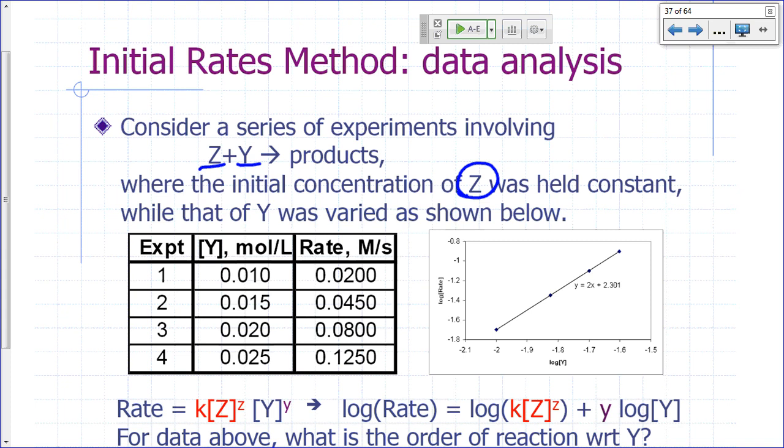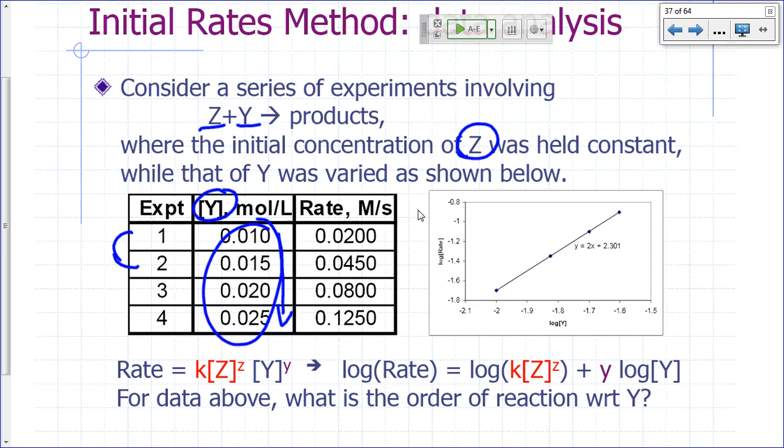So you just want to study how the reaction is affected by Y. So instead of just doing 2 experiments where you're changing the concentration of Y, you can run a series of experiments where you have different concentrations of Y. So 0.01, 0.015, 0.02, and so on. So that gives you a better way, a more reliable result.